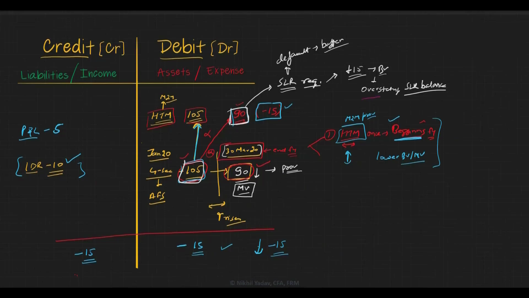While we are on the subject of overstatement of SLR, there are two other typical ways in which banks try to inflate the SLR balance. What happened in one bank was it sold its SLR security but never recognized this transaction in the system. It kept that balance for a few days and later reflected this transaction. So all this while it was overstating the balance. The second thing which they typically do is they would rather not amortize the premium in the HTM category.